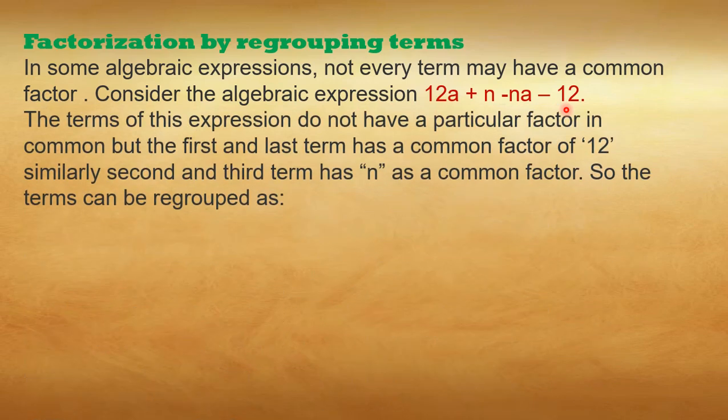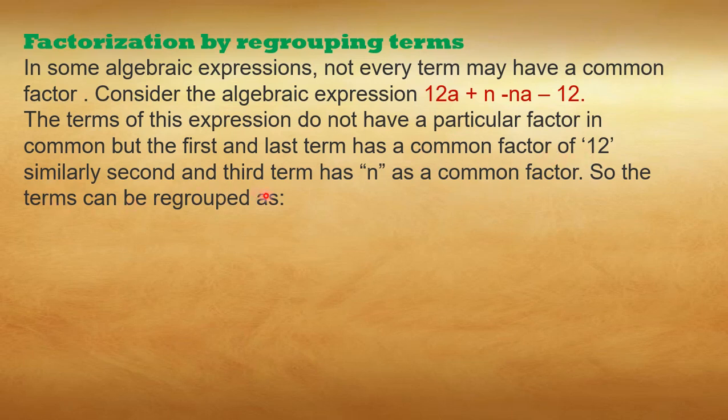So how is it done? We observe that the first term is 12a and the third term is minus na. In these two terms a is common, or we can consider the second and third terms, where n is common. Here, 12 is a factor of 12.